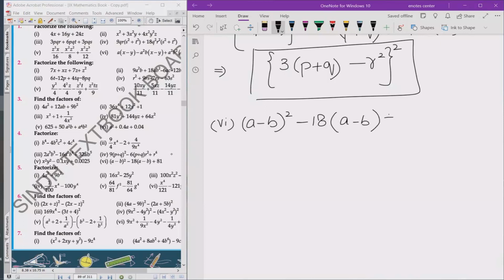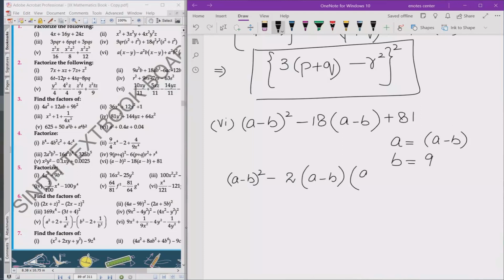Now we will solve this one. First, we will decide what is A and what is B. A is a minus b and B is 9, right? So we will write it this way: a minus b whole square, minus 2 times a minus b, which is A, and 9, which is B. Now 9 whole square, and now we can write it this way: a minus b minus, because of this sign, 9, whole square.